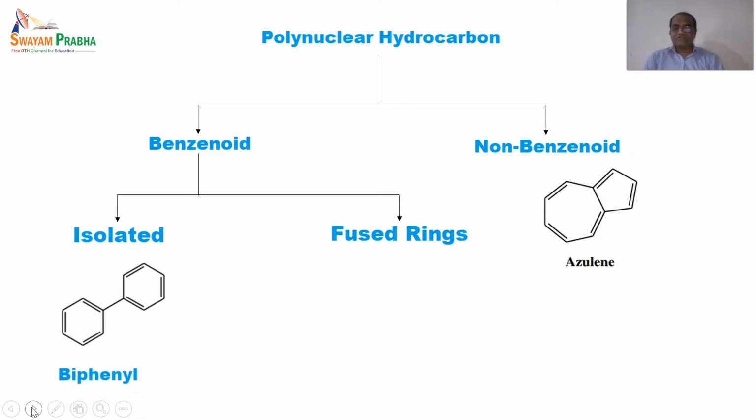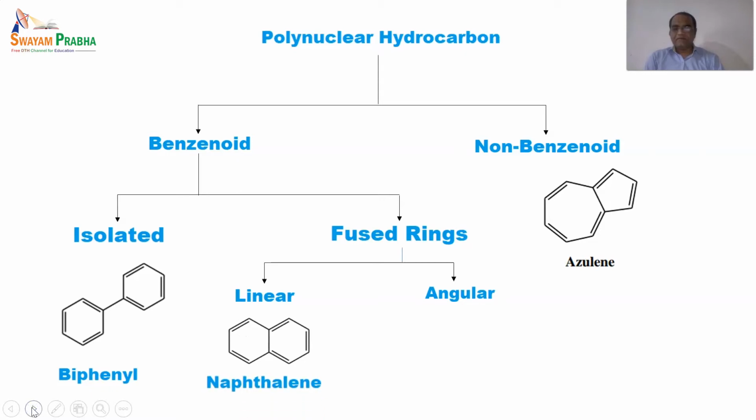This one is the structure of biphenyl. Fused: again, there are 2 categories in the case of fused. One is linear and the second one is angular. So naphthalene is a linear structure, as it is straight.